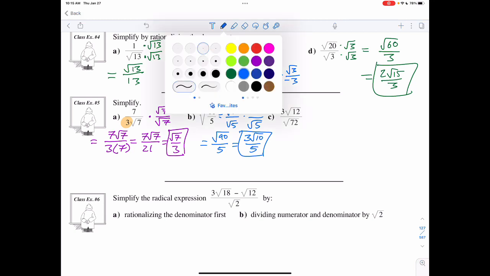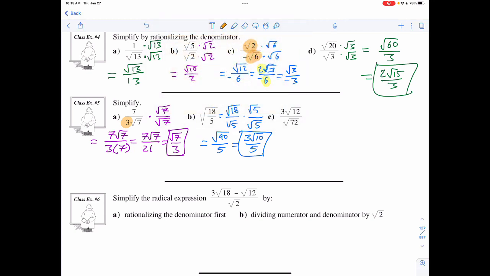Now, like we saw with example C on the last case, when I look here, I can see they both have a common factor. 12 and 72 are both divisible by 12, which means that if I divide the top and the bottom by root 12 to begin with, then I'm going to be left with 3 over root 6.